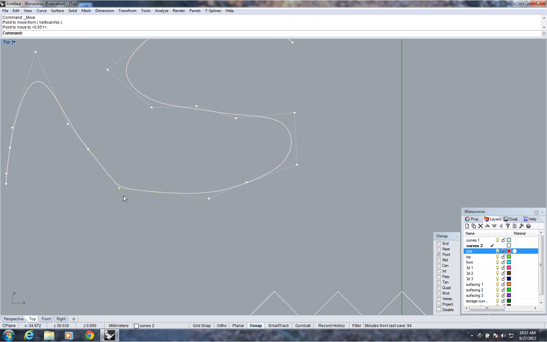So I'm going to click on it, and then I'm going to move that same point again, but I'm going to hold down ortho, hold down my shift bar, and pull to the side. Okay? If I do that one more time, move it again, holding down the shift bar.